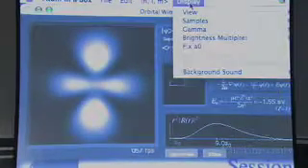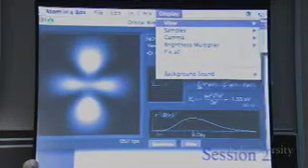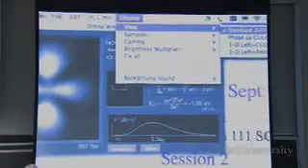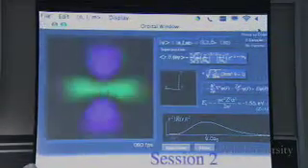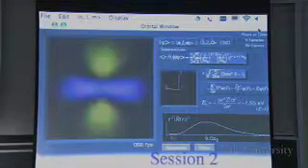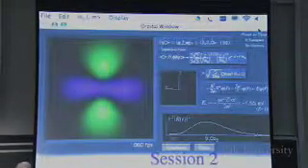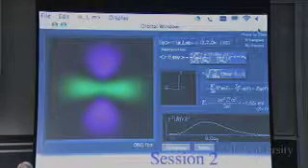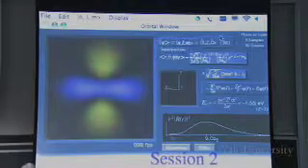But we want to color them according to the phase, you know, plus minus. That's 3D. The phase keeps changing. That has to do with time dependence, which we're not talking about. Okay? Now, that's a 3D orbital.